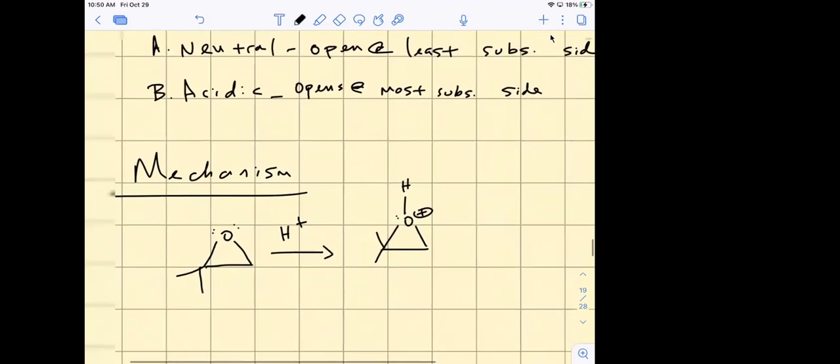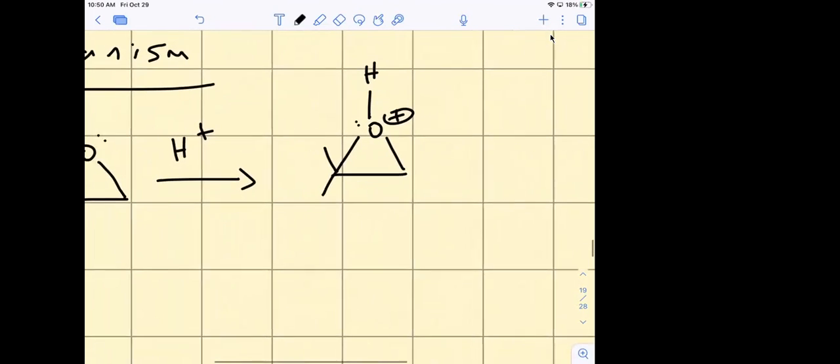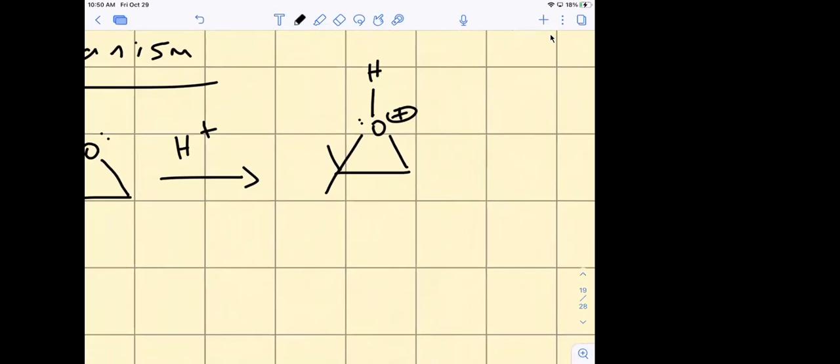Right, and so now my nucleophile is going to attack here at the most substituted site. There's a reason for that, right?